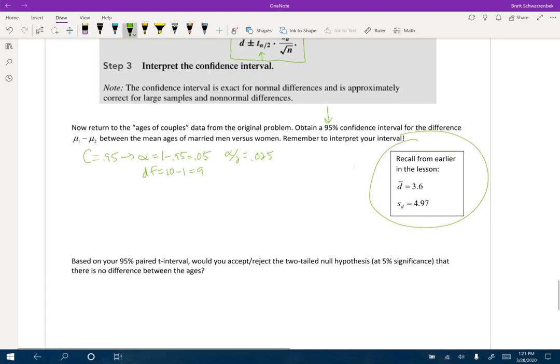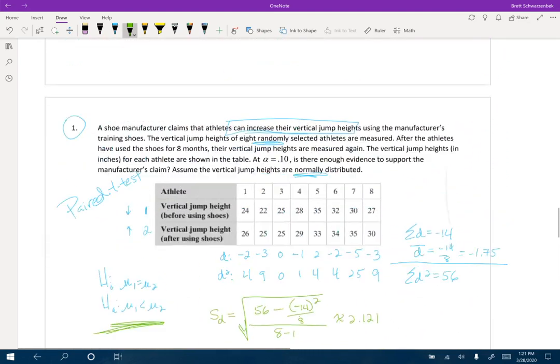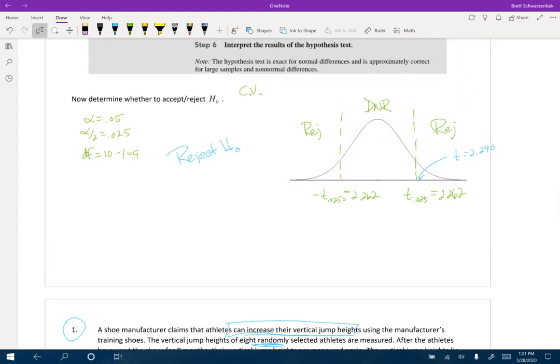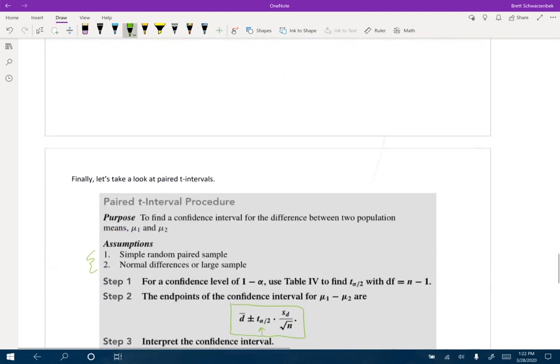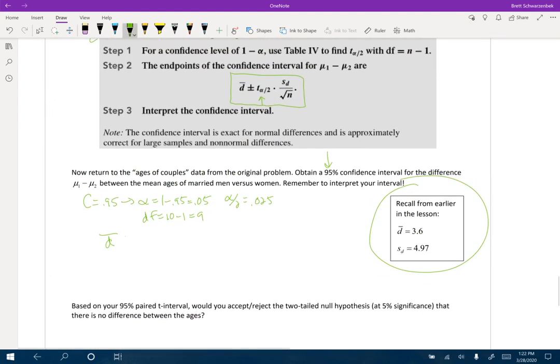If you recall, we found what t alpha over 2 at 9 degrees of freedom, the critical value, is right here. That is going to be the same value that we're dealing with in this one. So just as a reminder, the formula above, I'm going to rewrite it: d bar plus or minus t sub 0.025 times s sub d over root n.